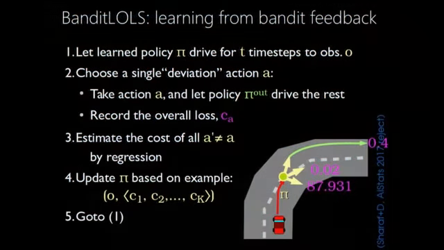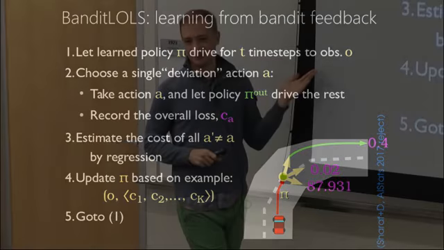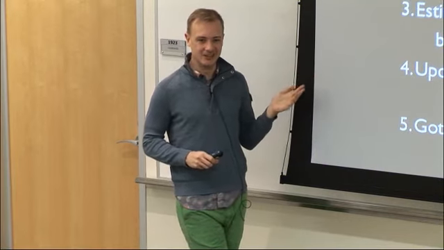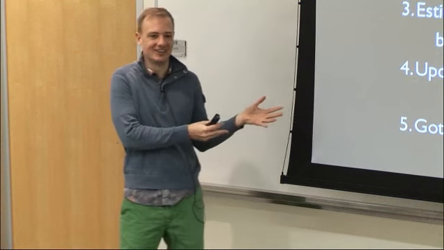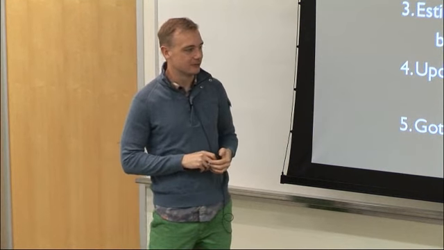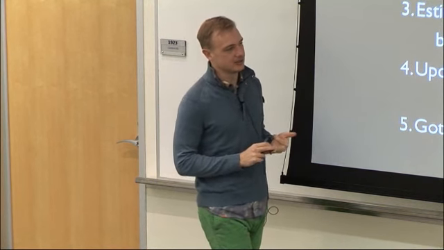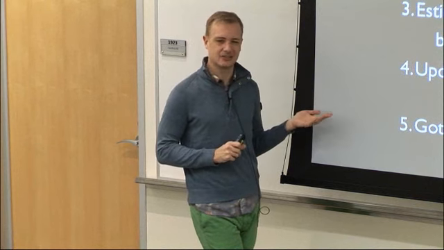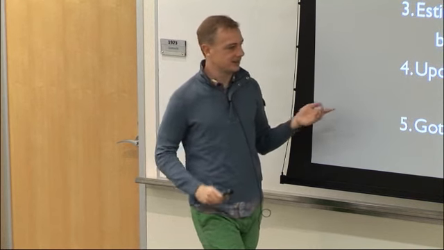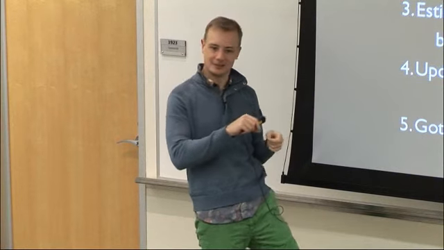And then we repeat. So this is basically a reinforcement learning algorithm. We've also been playing around with other reinforcement learning algorithms, more standard things like policy gradient, REINFORCE, actor-critic. In terms of comparison to existing things, this is most like actor-critic, because this regressor is kind of like the critic who's saying how good are these different actions.